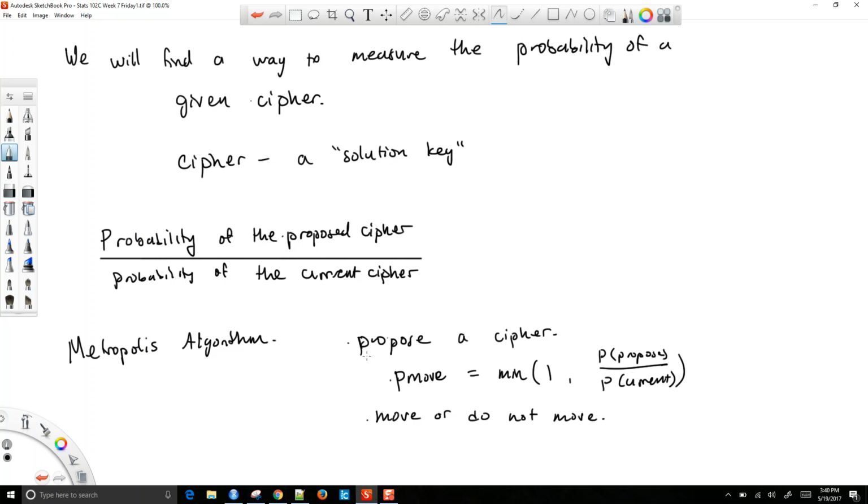And so let's think about why something like this would work. If you think about the space of all the possible values that the proposed thing can take, there's a lot, right? There's basically 26 factorial arrangements, 26 factorial ciphers.